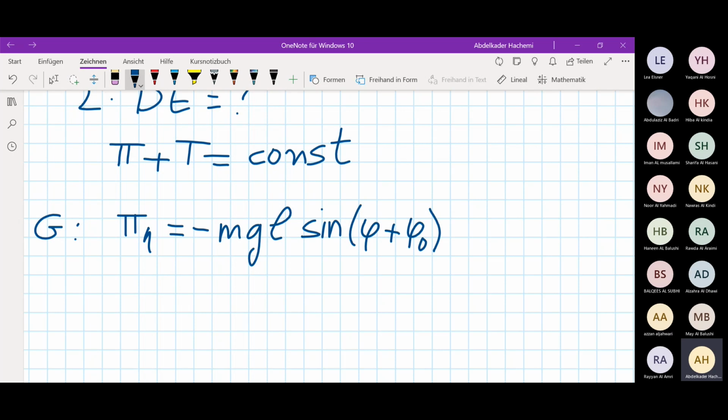Now for the watch spring, I write here A.